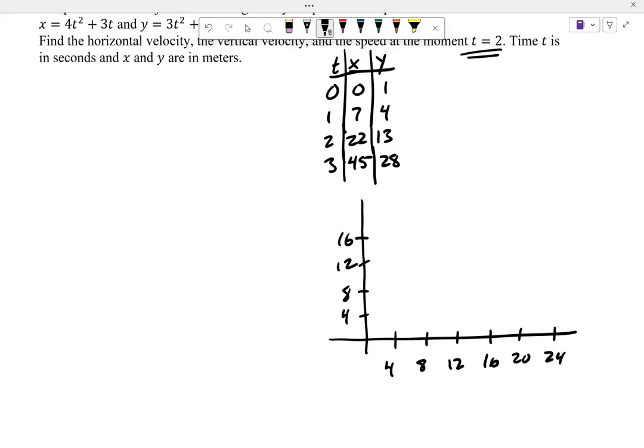So we got 0, 1, we got 7, 4, 22, 13. Anyways, it kind of starts out like this, and I didn't do the greatest. You can look at your graph online if you want, but it's kind of like that.